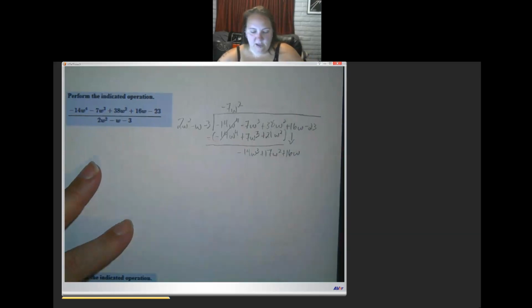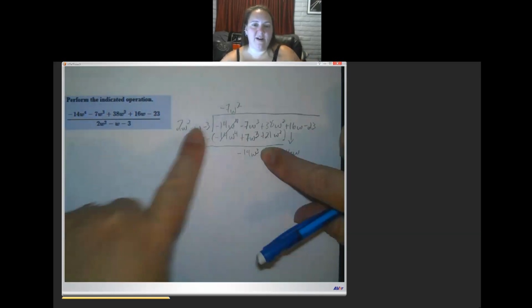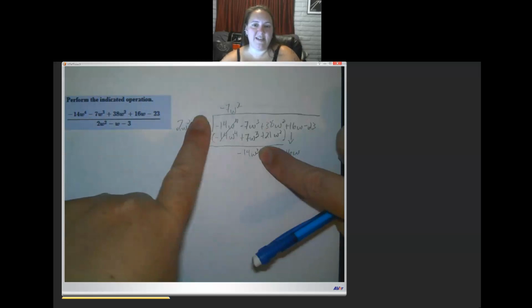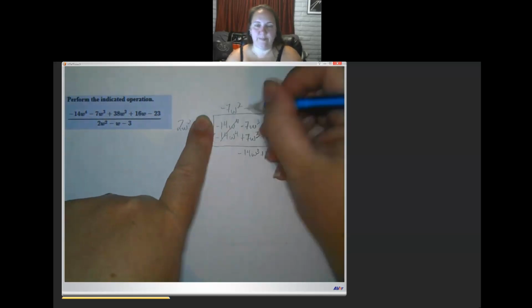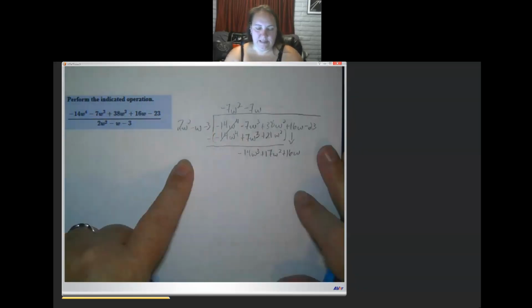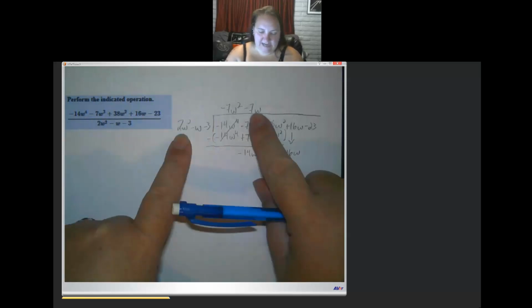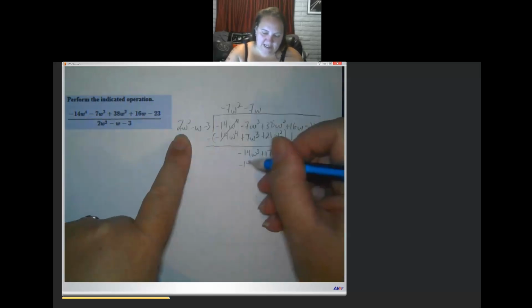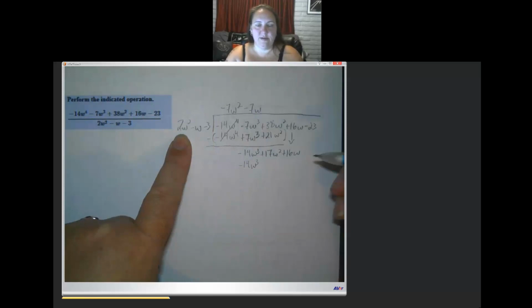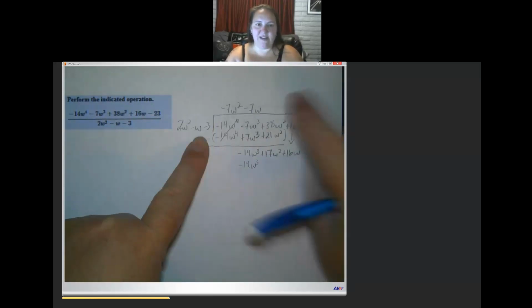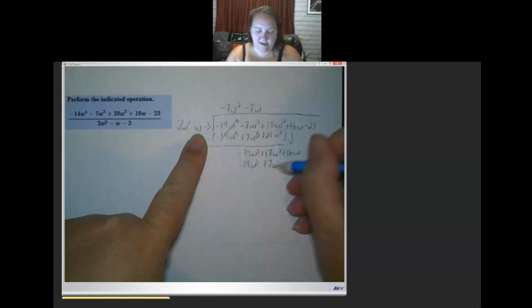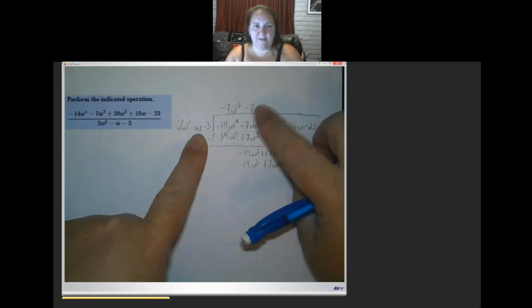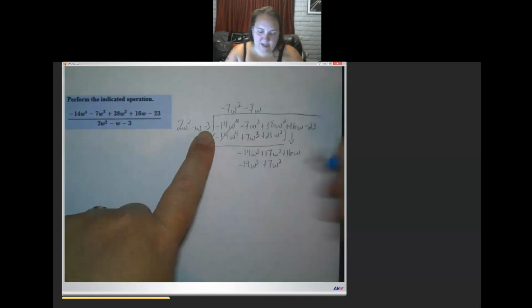Okay, so a 2w squared to get to a negative 14w cubed will be a negative 7w. Negative 7w times 2w is negative 14w cubed. Negative 7w times negative w is a plus 7w squared. Negative 7w times negative 3 is a plus 21w.